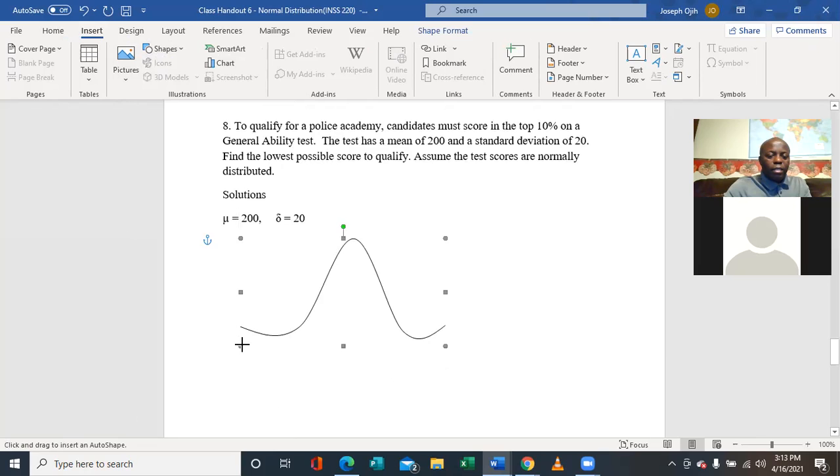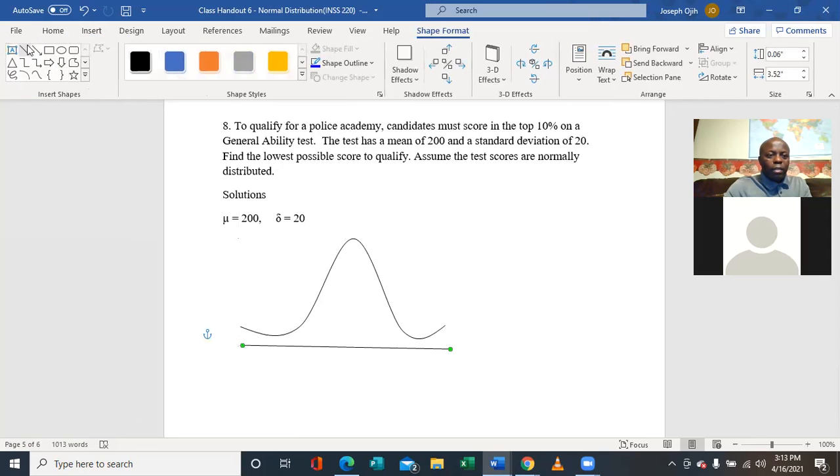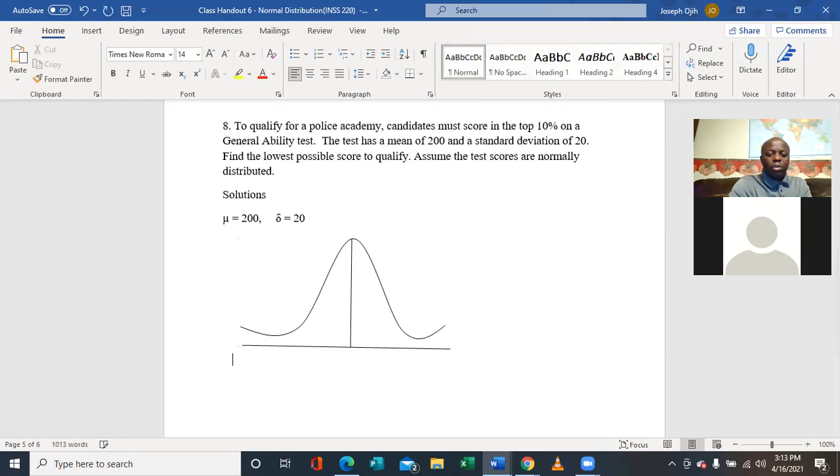Put the x-axis and the center, which is 0. That's the mean of 0.